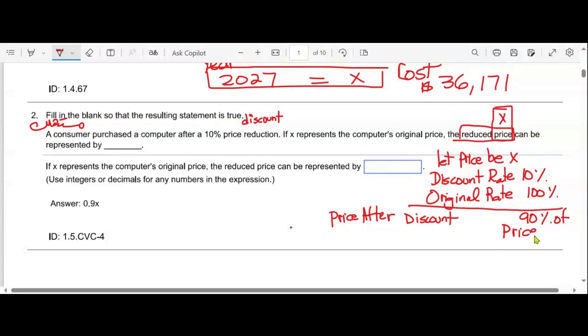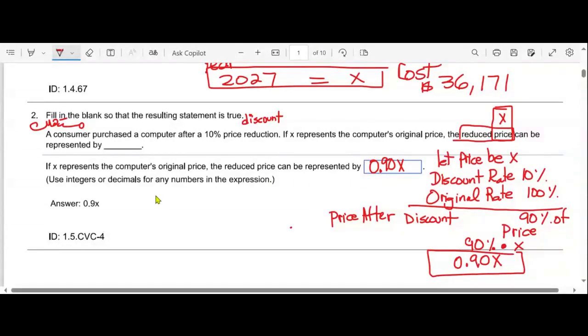We said the price is X, so it's going to be 90% of X. But we need to write this in decimal, so you convert this to decimal. Your answer will be 0.90x. So you put here 0.90x. That's what you're going to pay.